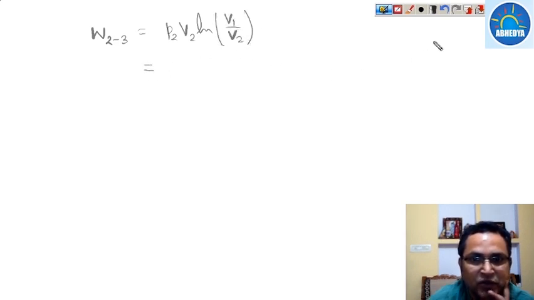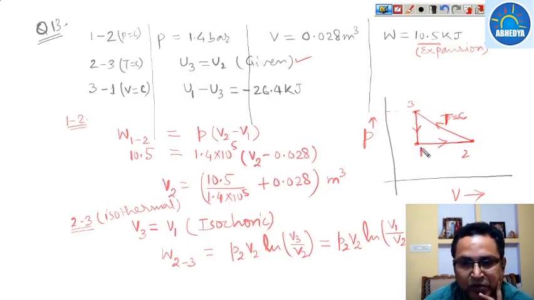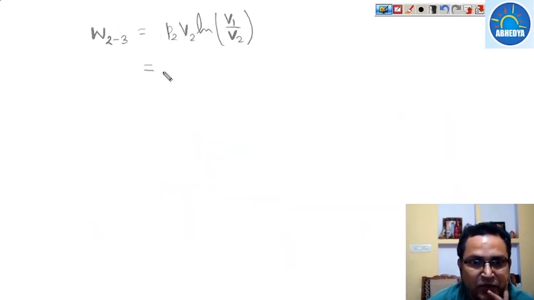Now put the value of P2. What is the value of P2? P2 is equal to P1, which is constant, so it is 1.4 into 10 raised to the power 5 into the value of V2.